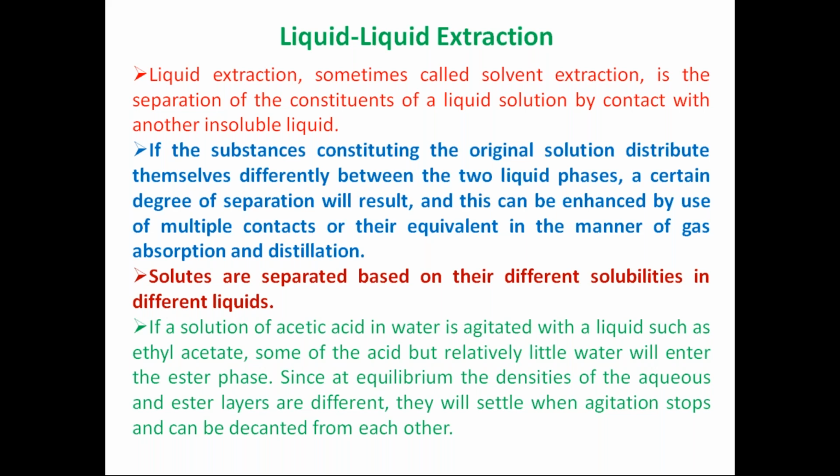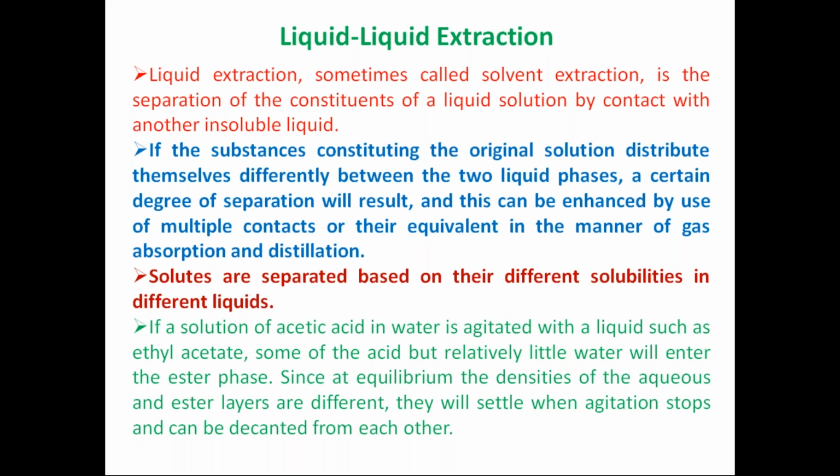However, we should see the density difference between A and B so that we can easily separate them. Initially we should have a mixing, then you have to separate them. So C in fact will be exchanged between the solvents A and B, and finally they reach equilibrium.